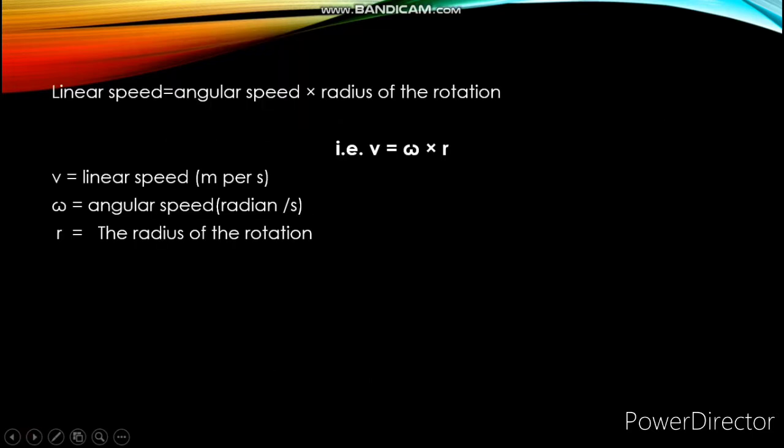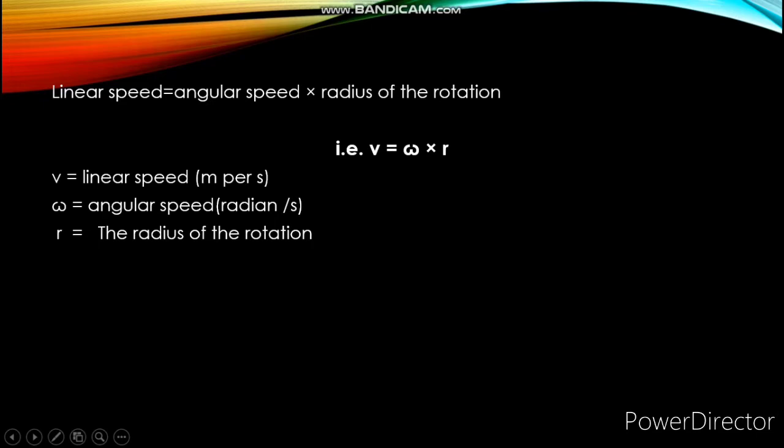To get the exact average of linear speed, linear speed equals the angular speed times the radius of rotation. V stands for linear speed in meters per second. This symbol is omega, the angular speed in radians per second. R is the radius of rotation.